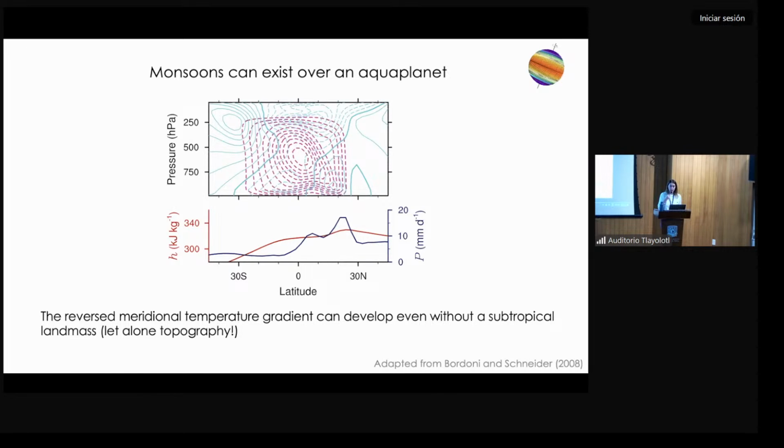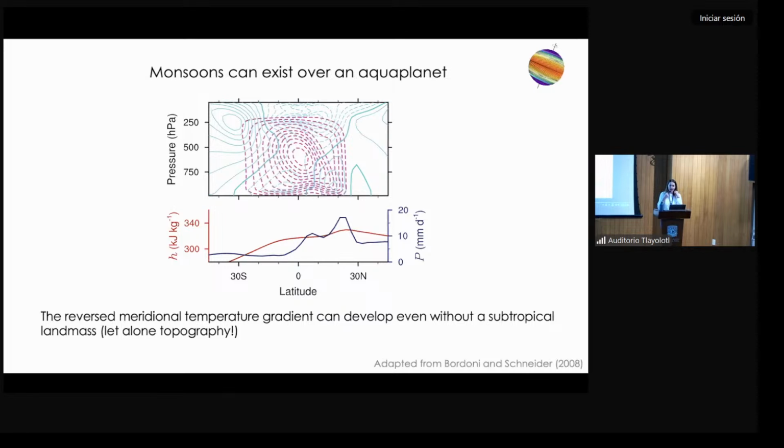And your question really points to the fundamental importance of developing theories that can help us think about the dependence of important aspects of the Hadley cell, both in terms of its annual mean and its seasonal cycle, on planetary parameters or mean state climate variables.